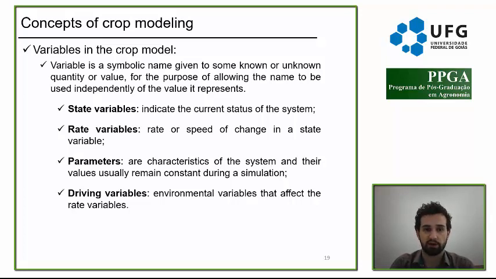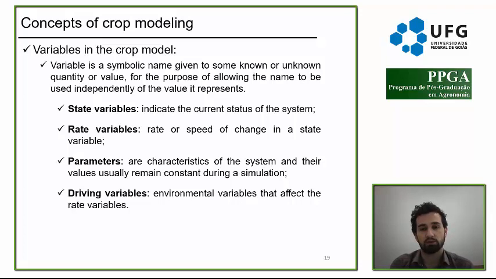The first one is state variables, which indicate the current status of the system. For example, every day you have an update of this information, so you need these variables to define how the system is at this exact moment. When we started the simulation, we had a very low leaf area index, and this affected the solar radiation interception.